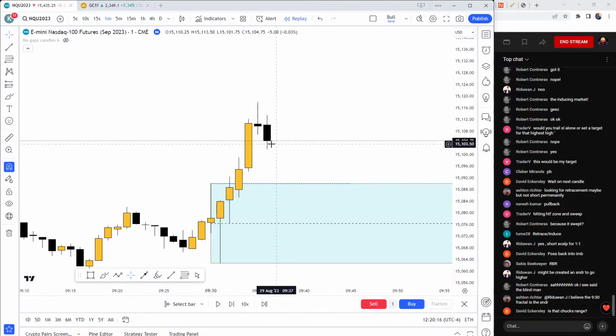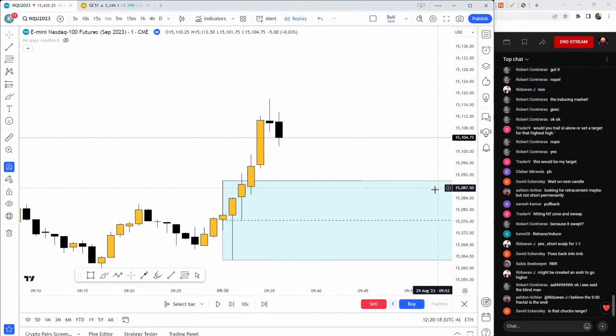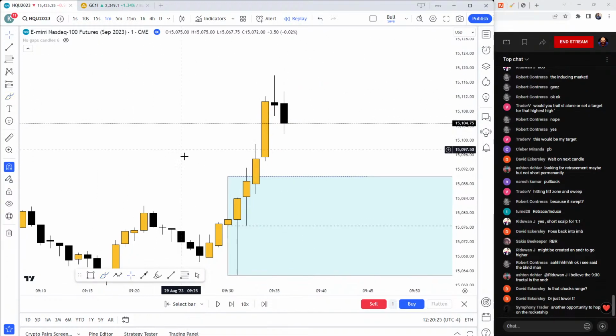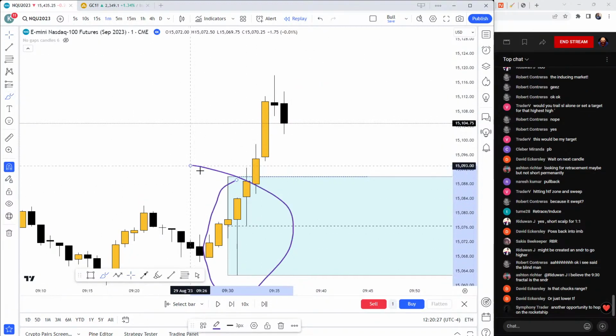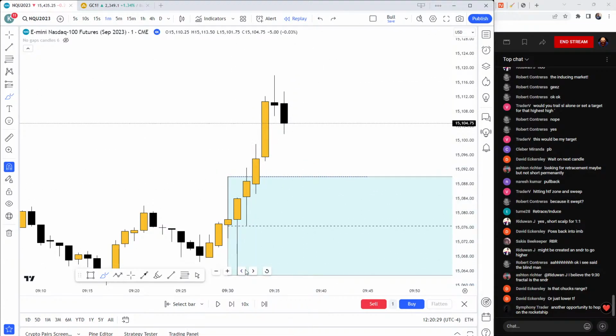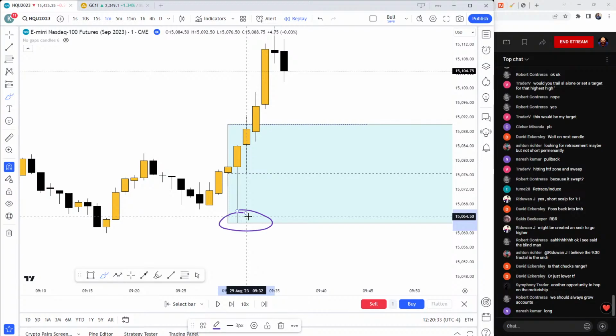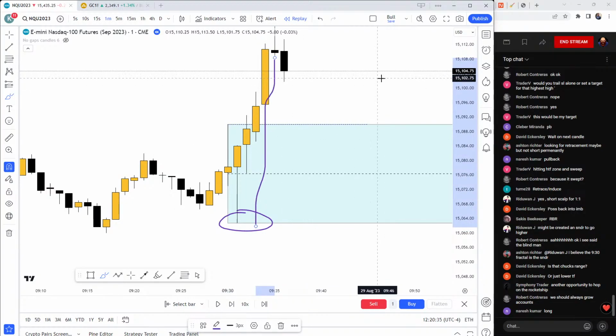There's your first imbalance. Not what we want to see. You want to see tap in and gone. I'm looking at volume responsible. So this low, my goodness, this low was responsible for rocket ship.